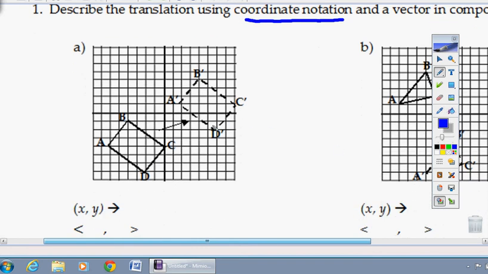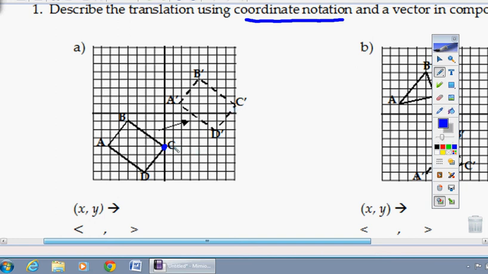So if I want to know how did I get from this figure, if this is my pre-image, and then the dotted figure is my image, how do I get from this image to this image? Well, what you can do is you can really pick any coordinate. Pick A, B, C, or D. Doesn't really matter, so I'm just going to pick C. And ask yourself, how do you get from C to C prime?